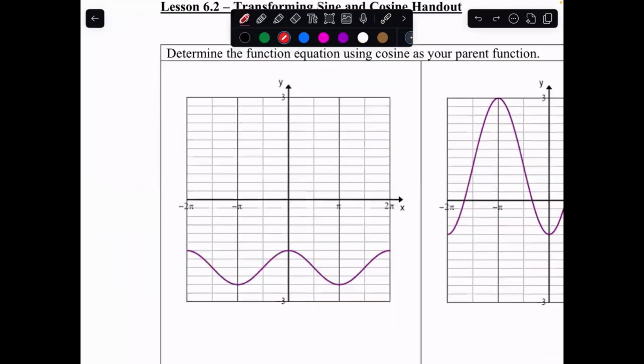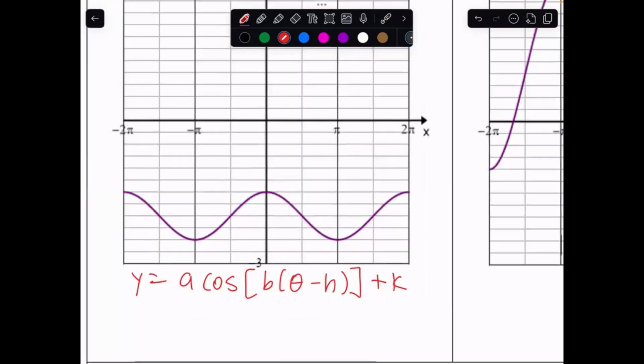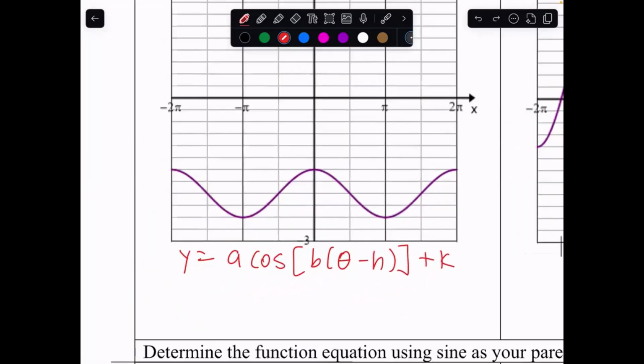Okay, so the general formula, remember, is y equals a cosine bracket b parentheses theta minus h, close parentheses, close bracket, plus k. Again, looks like a lot, but you've done a, h, and k before, and theta is just the angle version of x. So again, the only new thing is b.